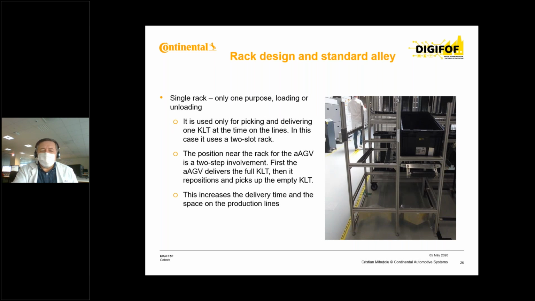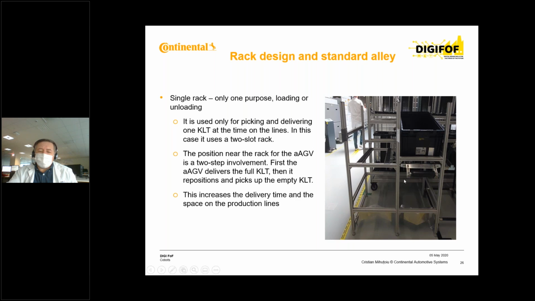Based on these restrictions, we have defined racks for loading and unloading, and we have, as you can see here, a system with two decks. One is for loading and the other is for unloading, but this system is not so efficient in terms of space, and also not efficient in terms of time, because after the unloading, the AGV must go out and come back to the loading empty KLT position.